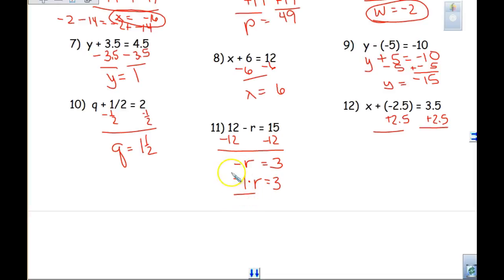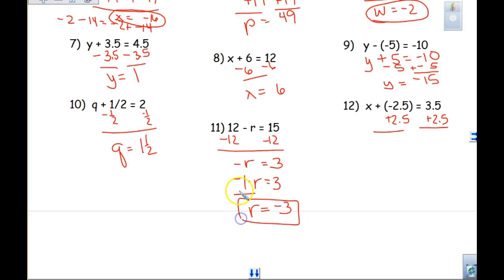Since I have -1 times r, that means like the opposite of r equals 3. If the opposite of r equals 3, what should r be? -3.